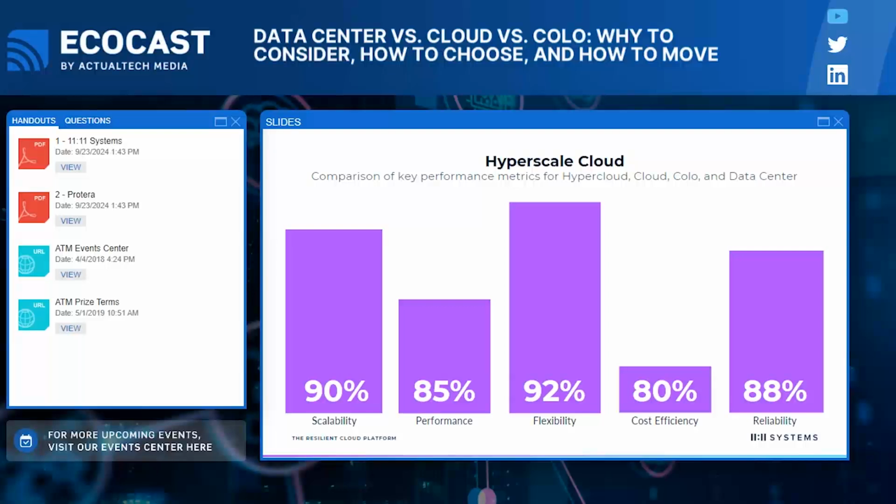You think about high-end scalability, the global reach these cloud providers can offer, and the ability to rapidly scale. So if your business requires rapid scaling of IT resources, a hyperscale cloud is the optimal choice.